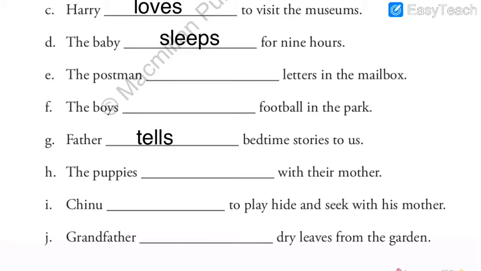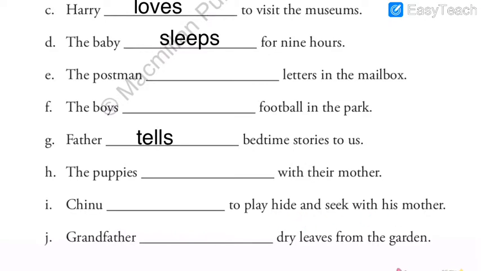You ask someone to close their eyes, and in a group of, suppose, 5 of you, if one is punished, you ask them to close their eyes, and then 4 of you hide somewhere, and then that first person who was closing his or her eyes has to find you. This is called hide and seek. Seek means to find, hide means to hide yourself somewhere. Correct? It is a kind of game. So here, Chinu dashed to play hide and seek with his mother.